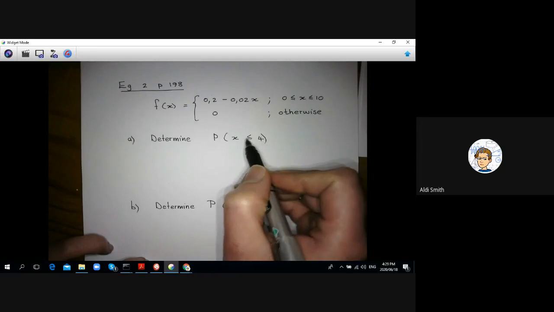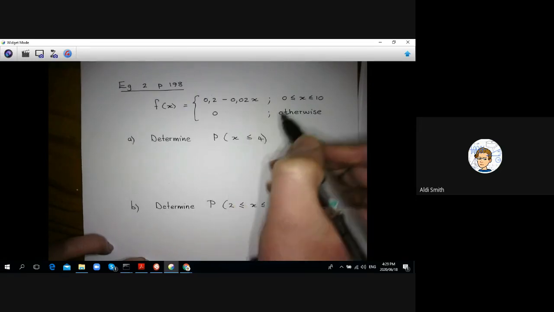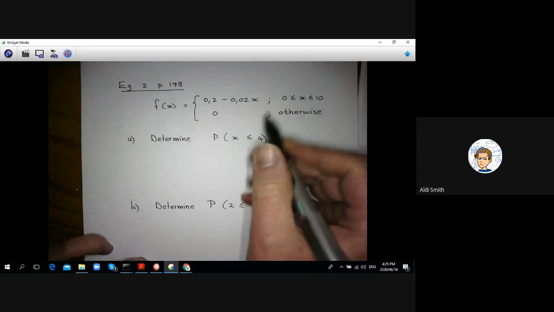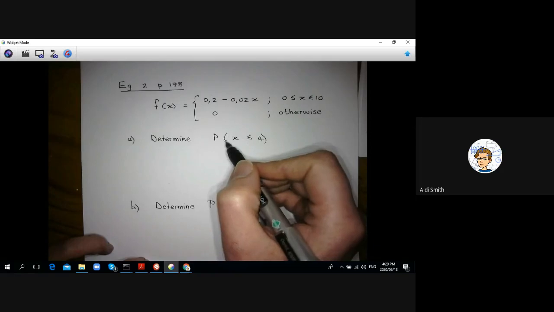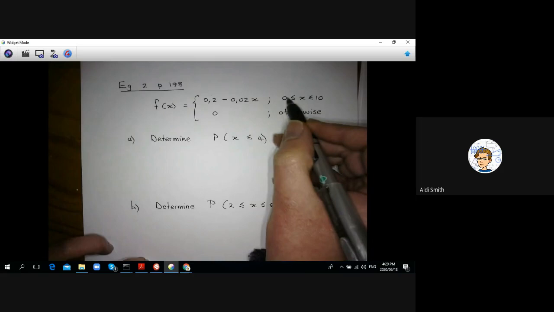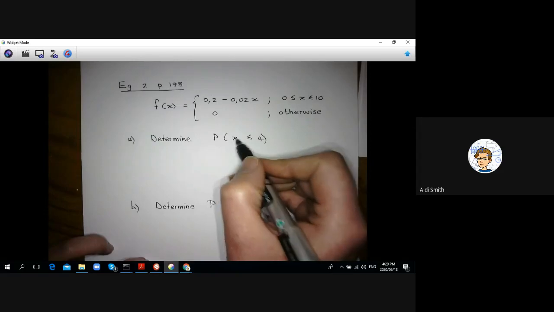Now, please be careful here. I know they only give you the 4, but you need to work with this as well. Meaning, if they don't give you a bottom limit here, they only give you an upper limit, then the bottom limit is automatically 0 over there. Or if they give you something like, what's the probability that x is greater than 3?